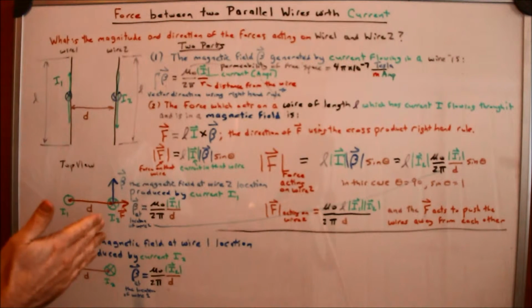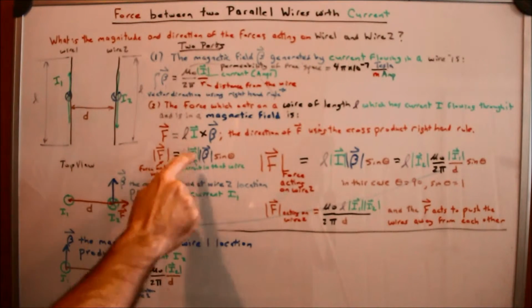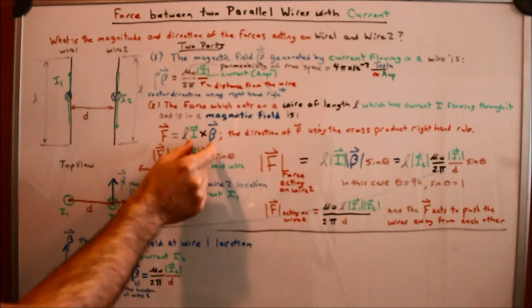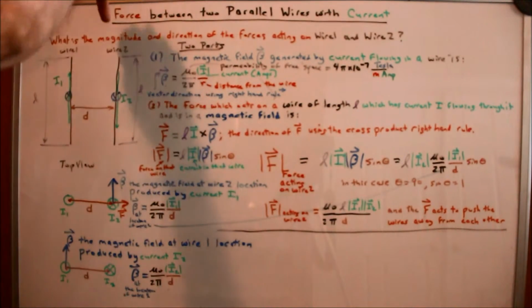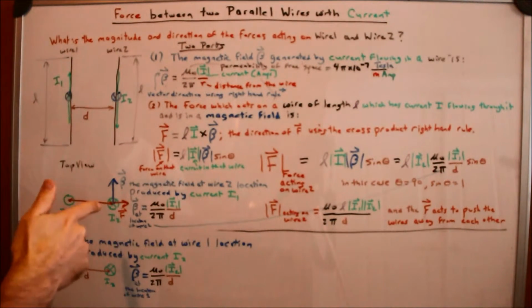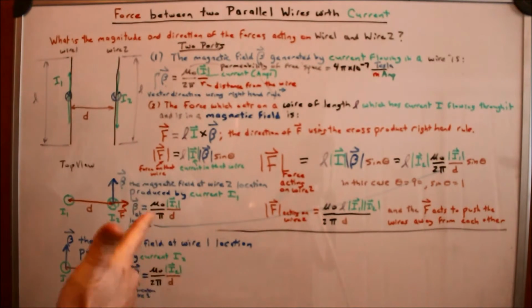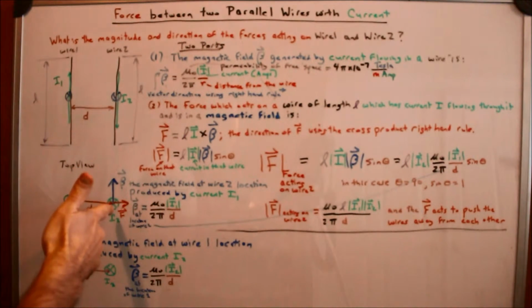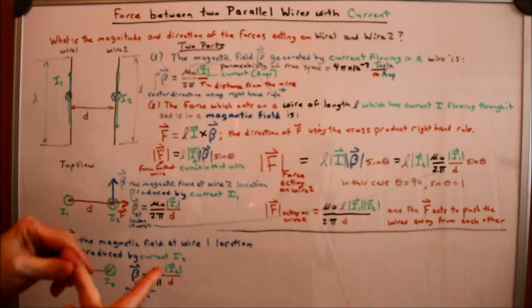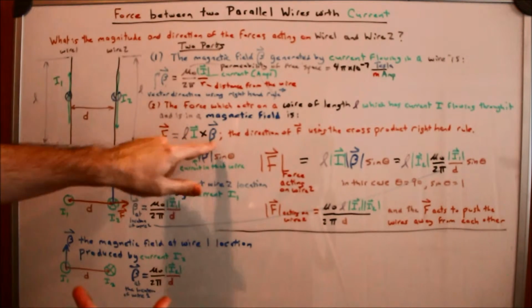So top view, first thing we worry about is the first term in this cross product, which is the current. So the current's flowing down from the side view, so in the top view, the current's flowing into the board. So that's my first direction. My index finger is pointing in that direction. That's my current direction. Then my middle finger is the direction of this magnetic field.